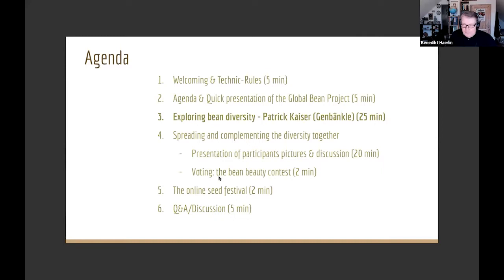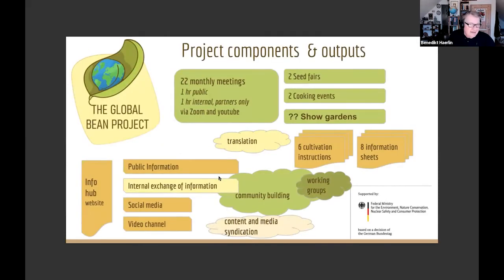Before we really start, I would like to introduce our Global Bean Project to those who are here for the first time. The Global Bean Project is run by a community of, at the moment, nearly 50 partners from 15 member states of the EU, but also from Kenya and India.